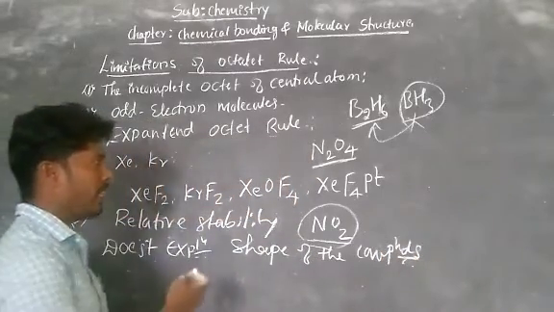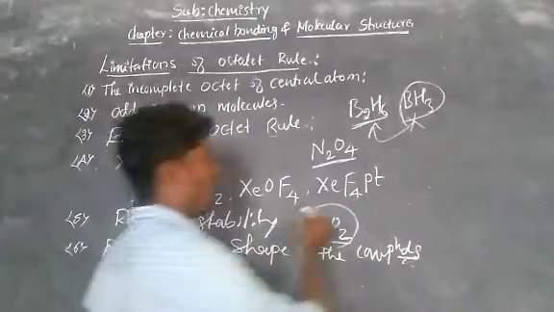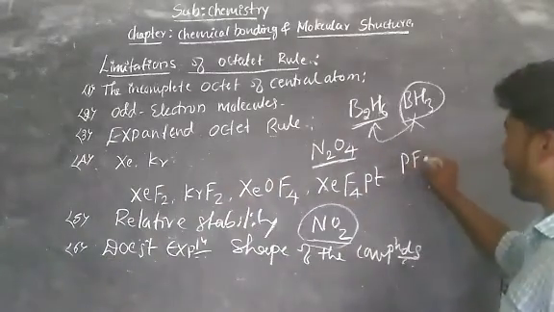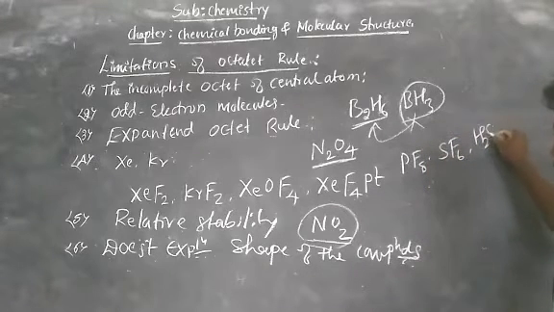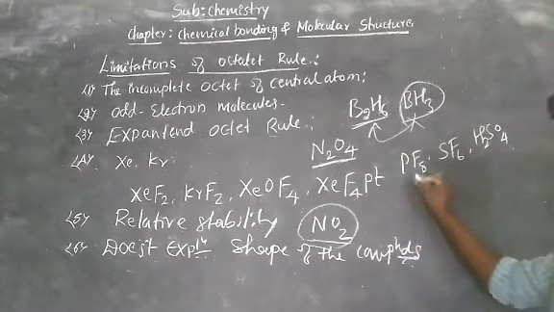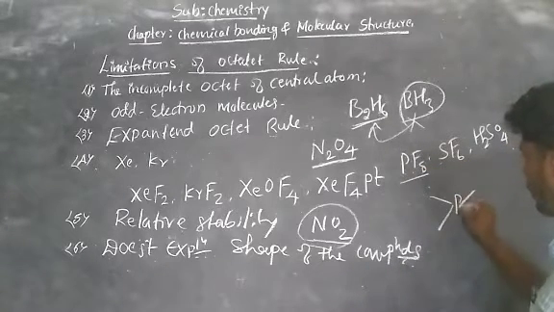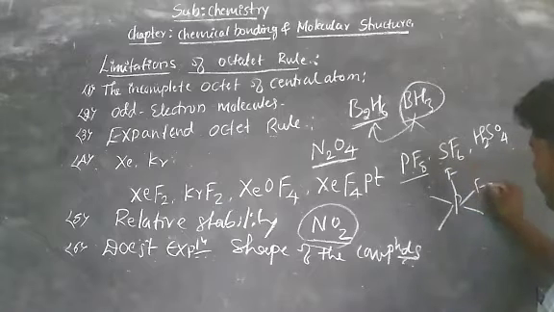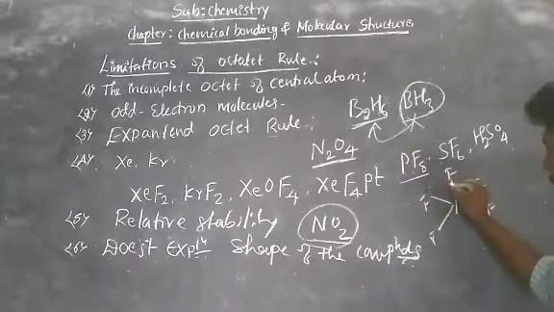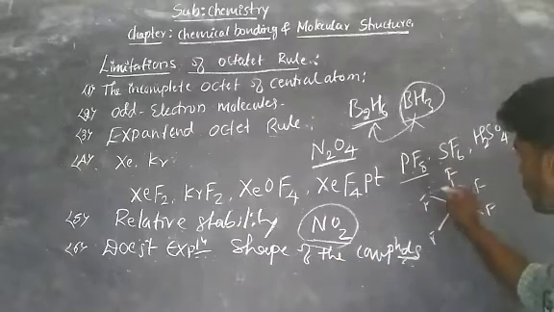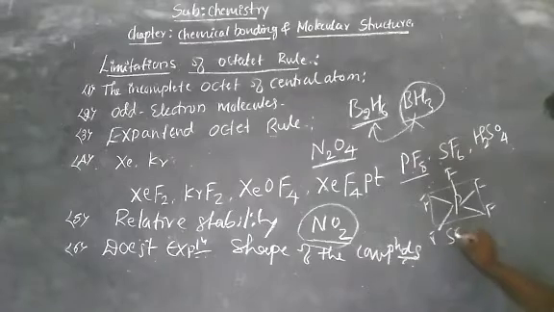For example, in the examples I gave for the expanded octet, phosphorus pentafluoride, sulphur hexafluoride, sulphuric acid, etc. So see here, I write the structure of phosphorus pentafluoride, this one. This is the structure of phosphorus pentafluoride, right? So its shape is square pyramidal. See, this is the square and this is the pyramid. So its shape is square pyramidal.